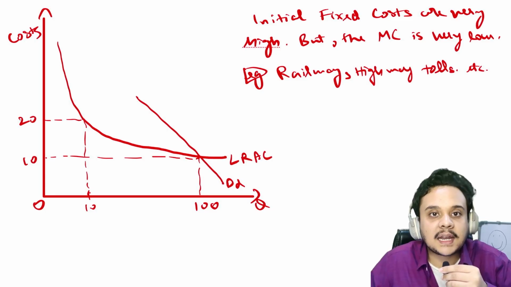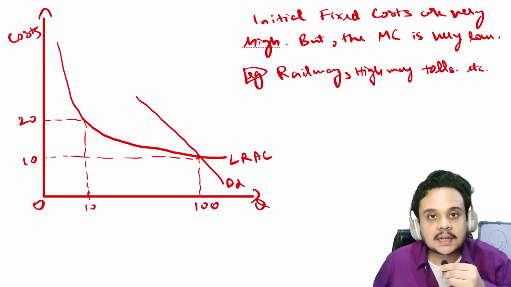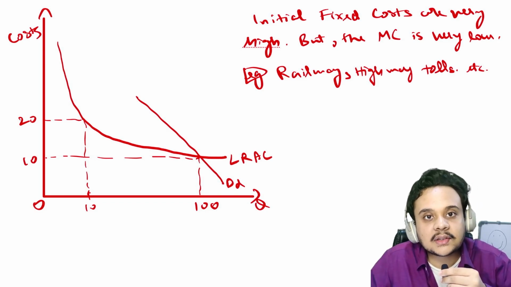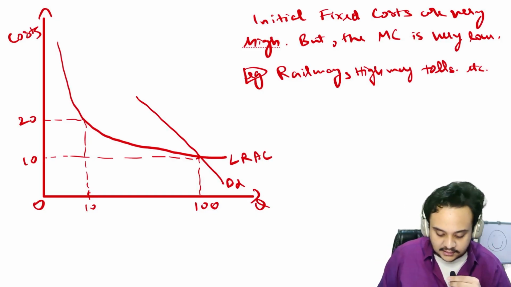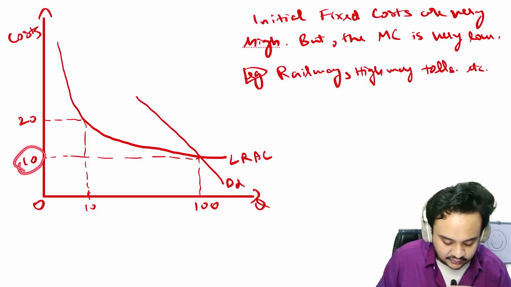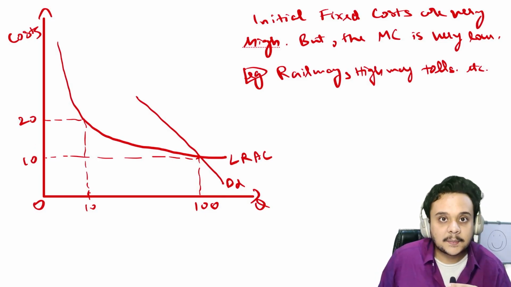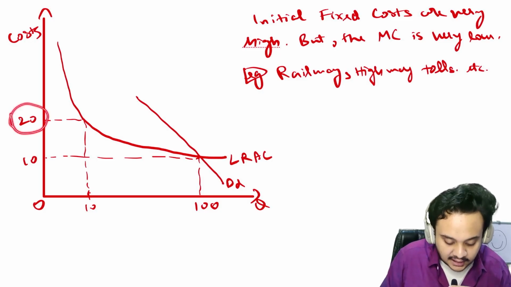They have to buy trains, they have to set up more tracks so that there is more demand, and they have to bear such a high startup cost. But the operational cost will be very low once it is set up. But because the demand is already there and the price that customers are willing to pay is lower, when the market gets divided, each firm is getting a higher cost.